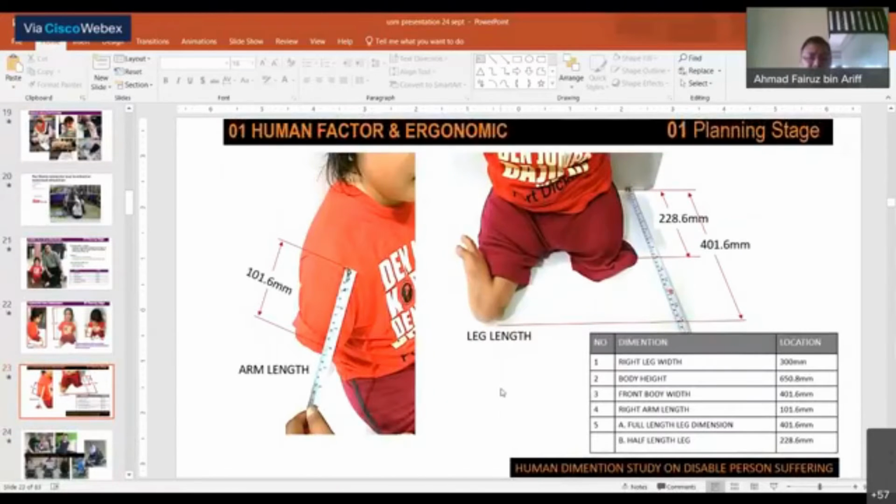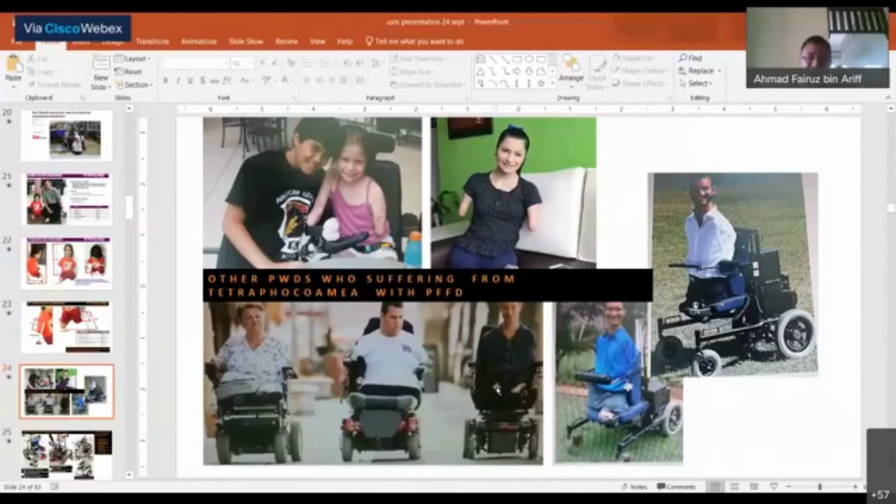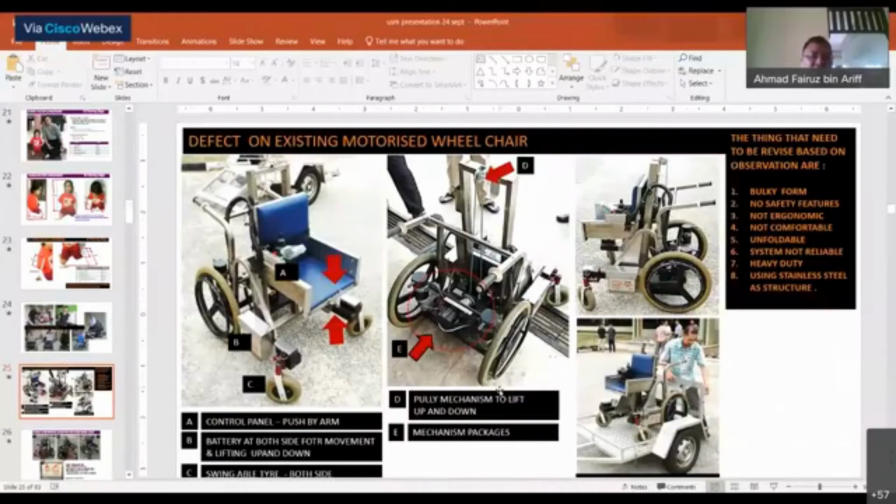Okay, and then this is to show other PWDs who are suffering from tetraphocomelia overseas. Okay, so this is based on the defects of the existing motorized wheelchair.